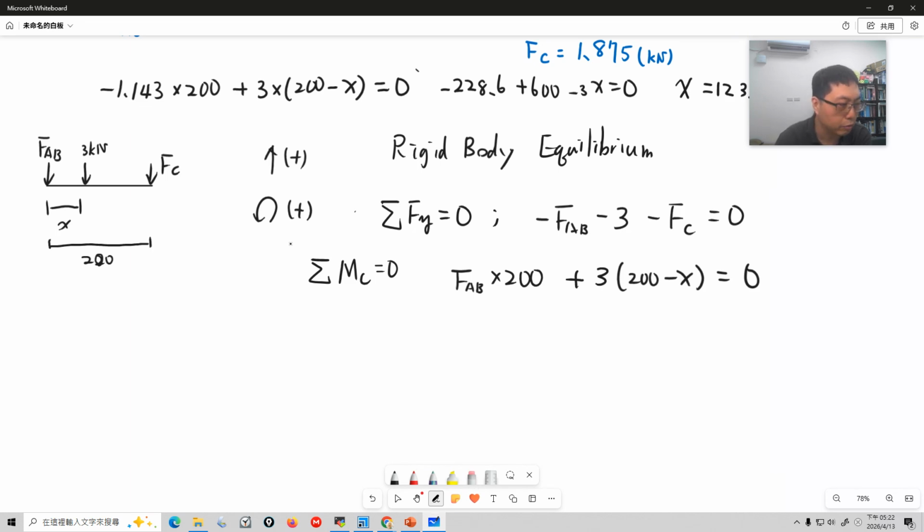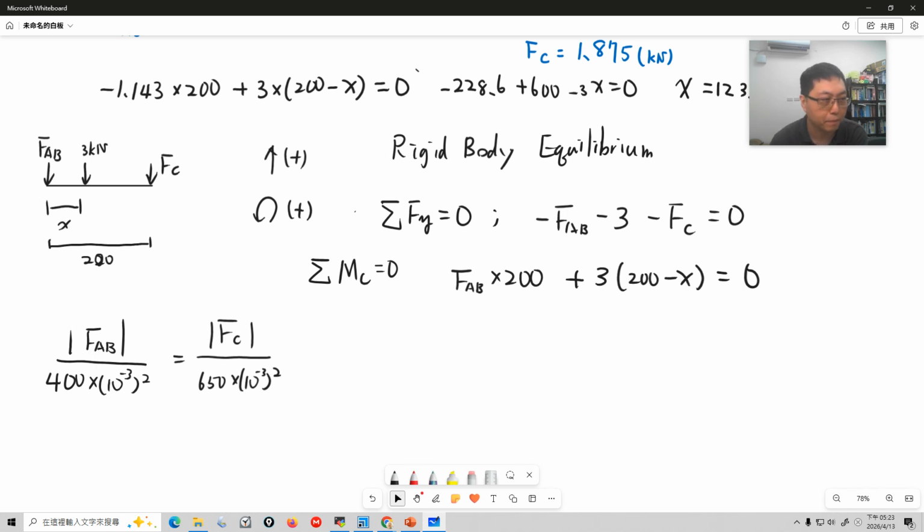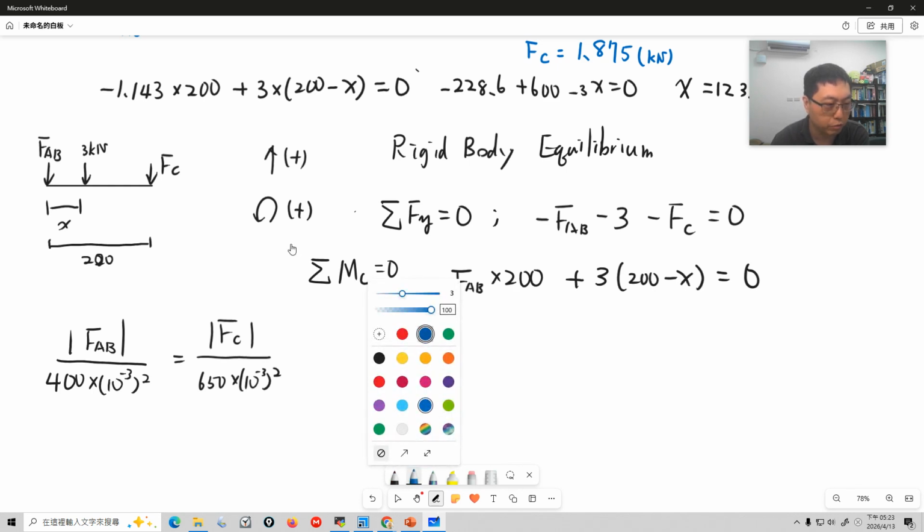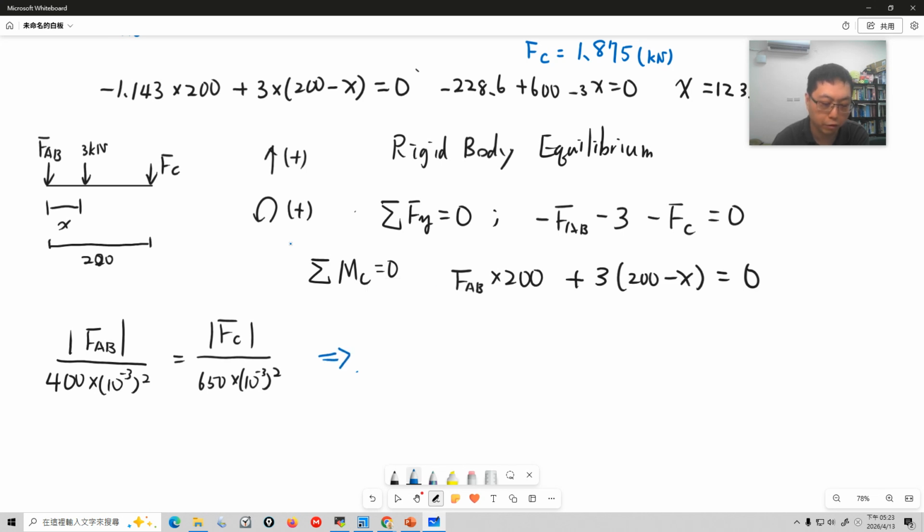And the other condition, the normal stress on the AB section and the CD section, suppose section C is the same. Same thing, we also start from this condition, which we already know gives FC equal to 1.625 FAB.